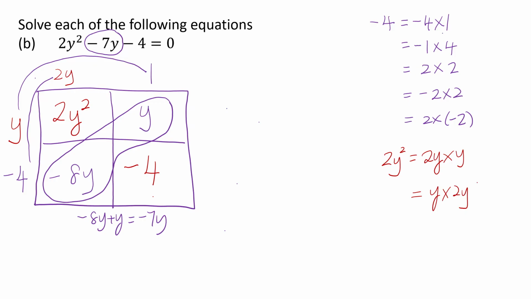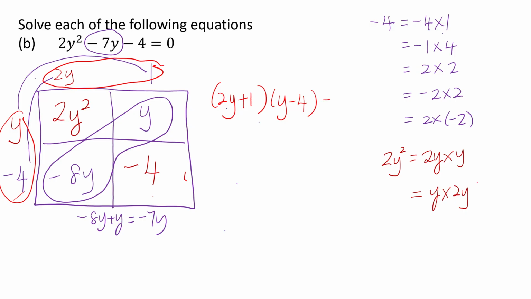Honestly, I didn't know how to do this question. I just randomly put negative 4 here and 1, and then that's it, we get the answer. So the factors will be 2y plus 1 and y minus 4 equals to 0.